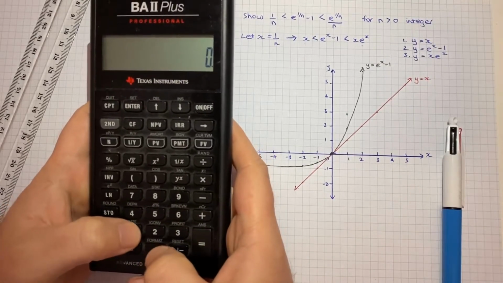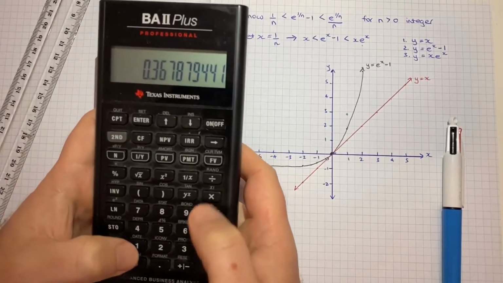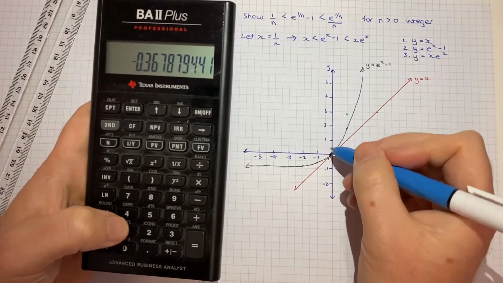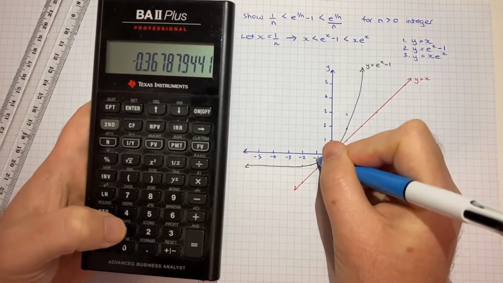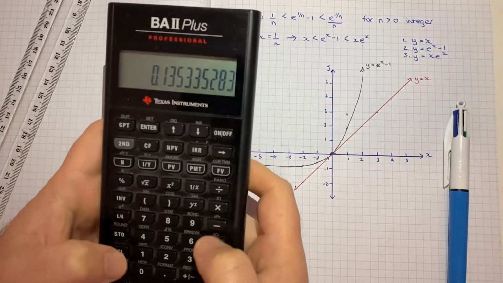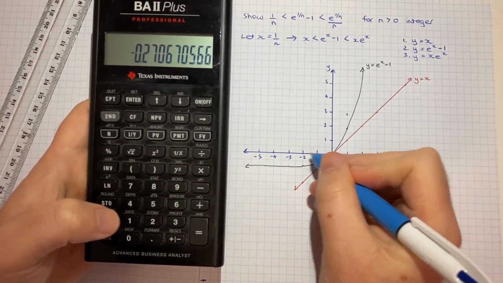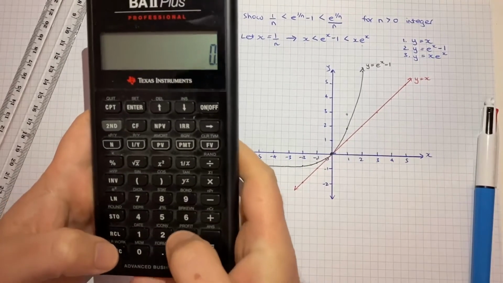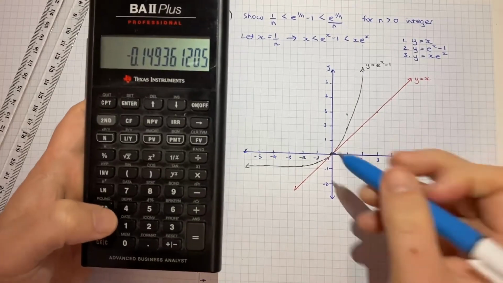Negative 1, so if I go e to the negative 1 times negative 1, I get minus 0.3, so probably about there. E to the negative 2 times negative 2 is minus 0.27, so a little bit higher. Negative 3, e to negative 3 times negative 3 is minus 0.14.